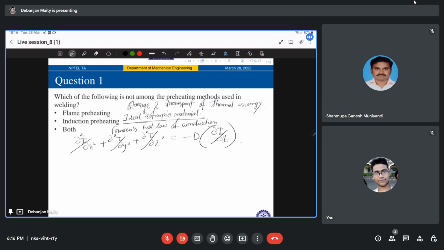What is D here? D is basically thermal diffusivity, right? What is diffusivity? K by rho c.